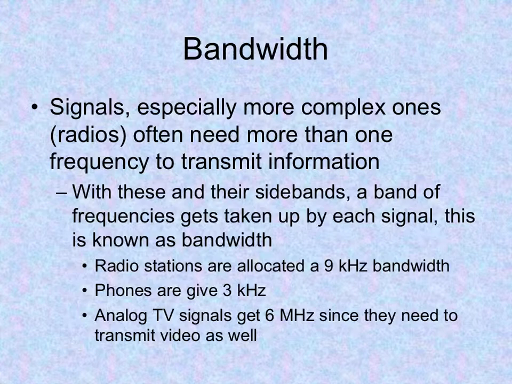And with an AM station, you're never going to have a bandwidth that needs to be more than about 9 kilohertz. You just won't. The sidebands won't be that far away, and so you have a bandwidth of about 9 kilohertz to cover any possible overlap that you might have.